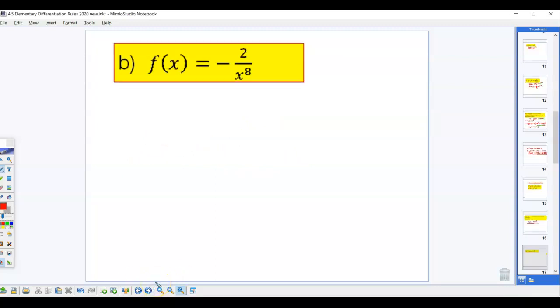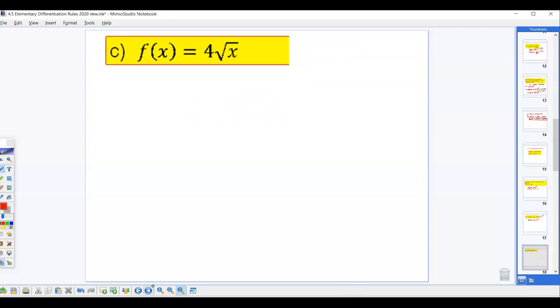If I have something like negative 2 over x to the 8th, first I need to rewrite this in a derivative-friendly form. So I'm going to bring the 8 up to the top, and now I take the derivative. So f prime of x is going to be positive 16 x raised to the negative 9. And that would be my final answer. For 4 root x, no different than before.